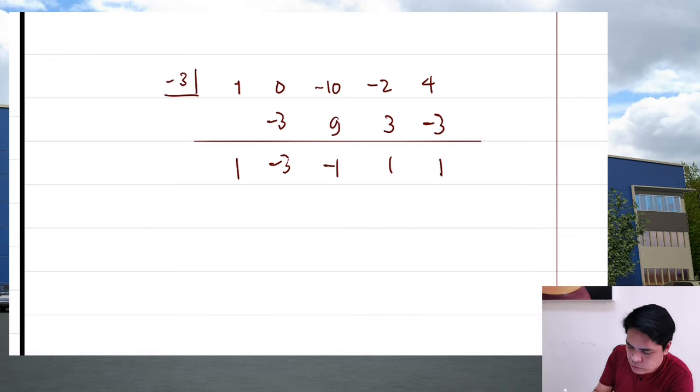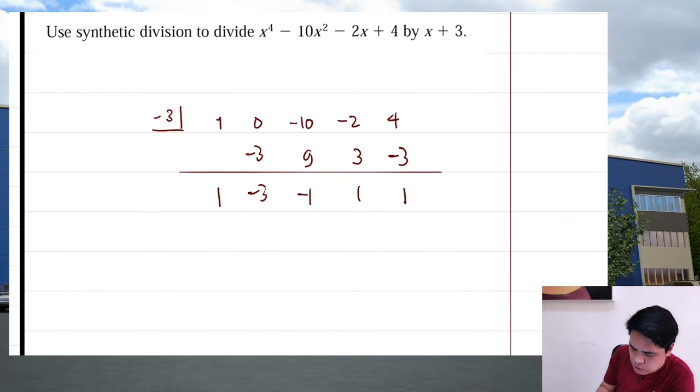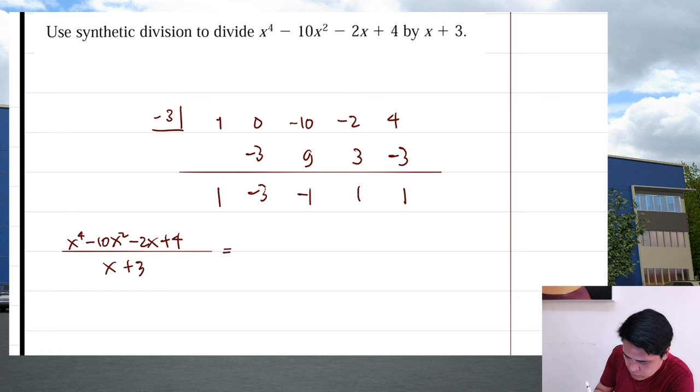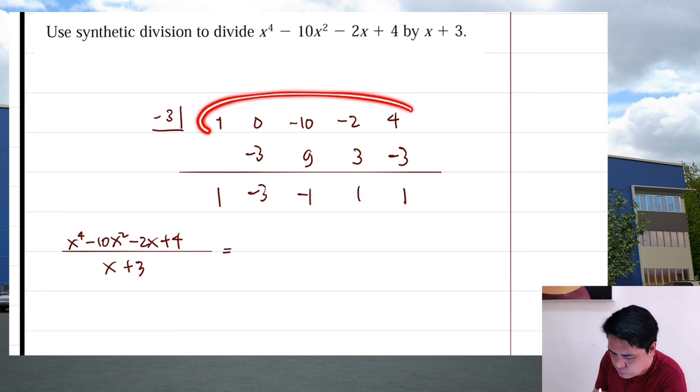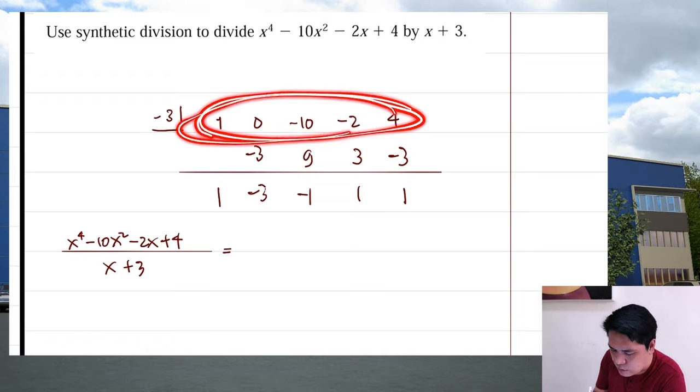So therefore, ito yung pagsulat natin or pagkasulat ng answer. Therefore, x raised to 4 minus 10x squared minus 2x plus 4 over x plus 3 is equal to the quotient. Ito yung titingnan natin na quotient. Yung degree ng dividend natin is 4th degree.